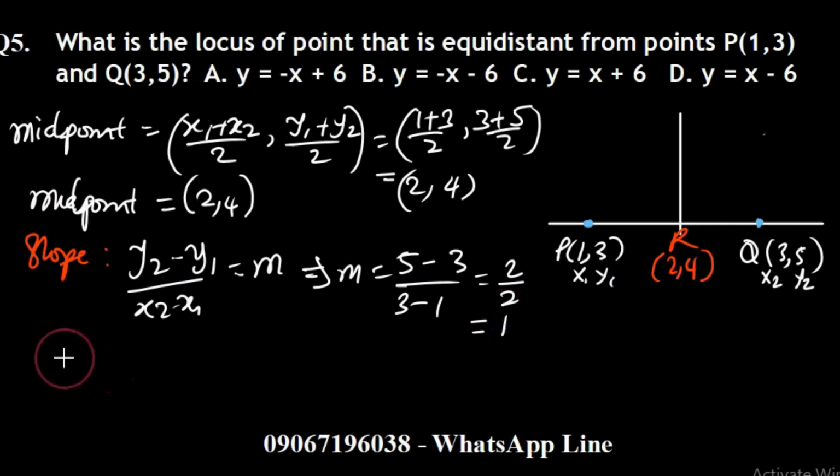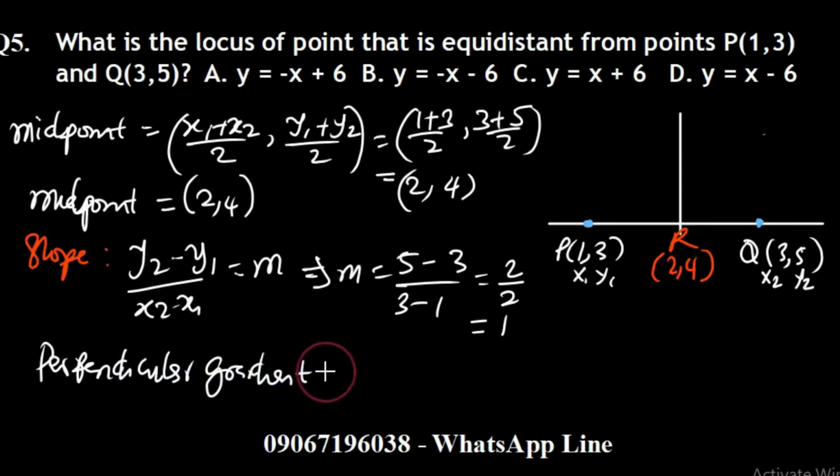Now next we find the perpendicular gradient, right? So perpendicular gradient, remember that perpendicular gradient is given as m1 times m2 must be equal to -1. Where the perpendicular gradient is that of m2.